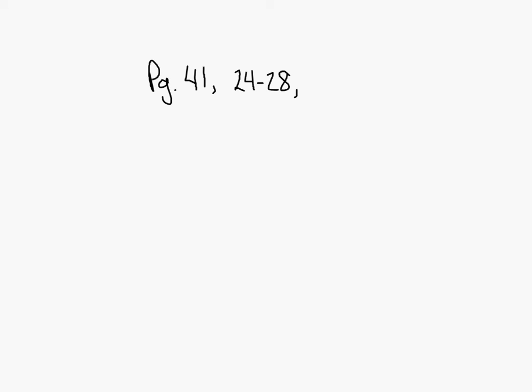Do everything that they ask there, but instead of using a protractor, I want you to just estimate the angle measure. Okay? So you're going to do 30 through 35. And then 37 through 42.